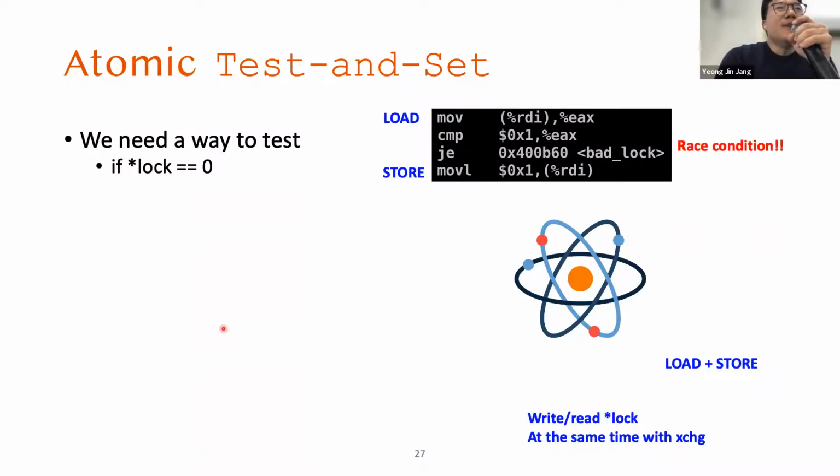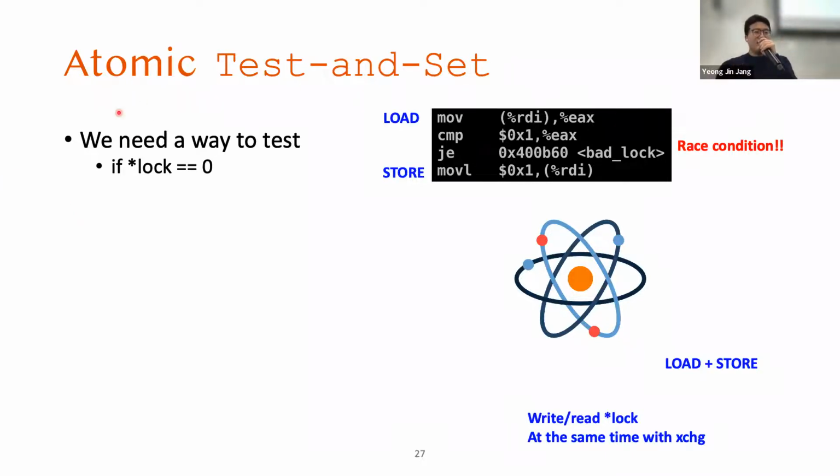We call it an atomic test and set operation, because in the CPU we cannot split it into multiple instructions. So we do the test, actually the loading of the value, and the set, storing of the value, in a single instruction. The problem was that load and store were apart.